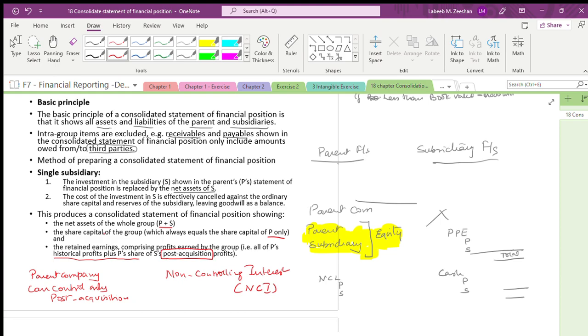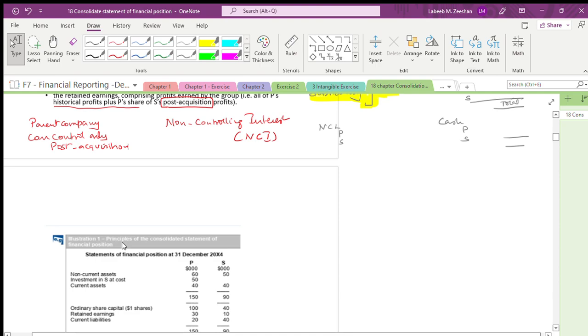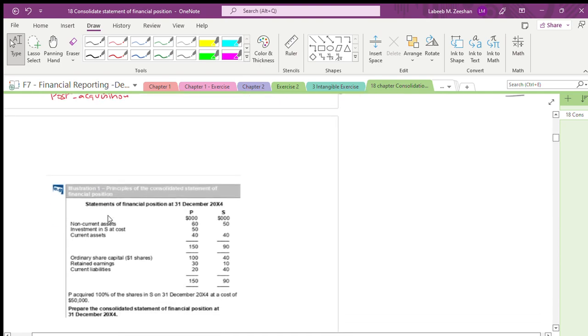I cannot say that I will also have a stake in the profits from before. No, we cannot do that. If I am purchasing today, the profits after the date of purchase will be shared by the parent company and the subsidiary company. This is the basic way of working.